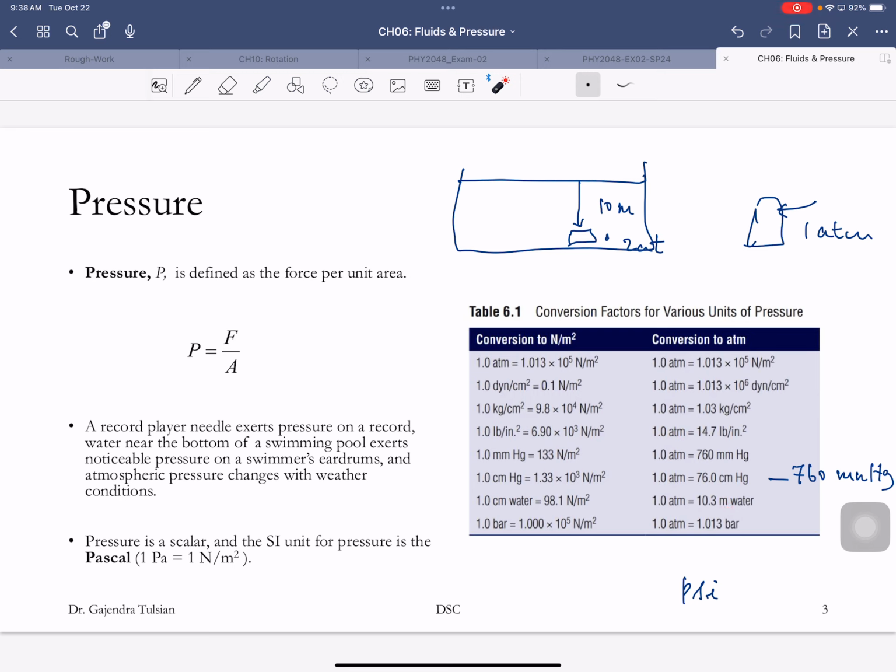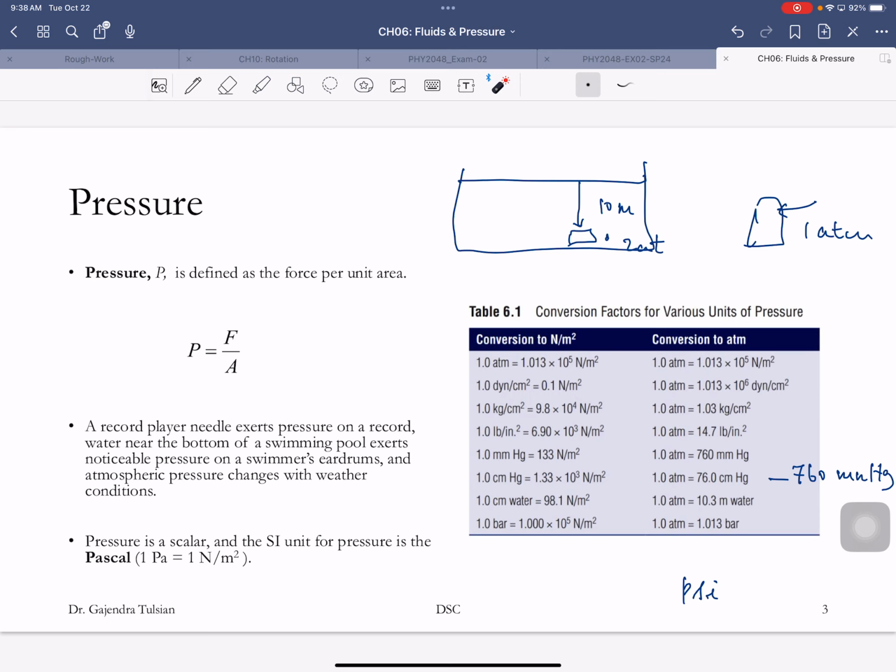I don't know if you are familiar with CPAP machines. There the pressure adjustment is about 10 centimeters of water, which is about 0.1% of the atmosphere.